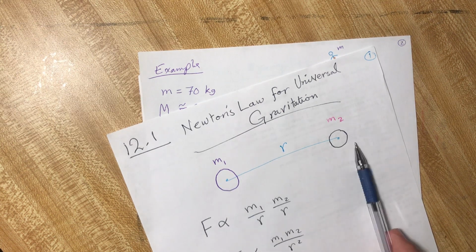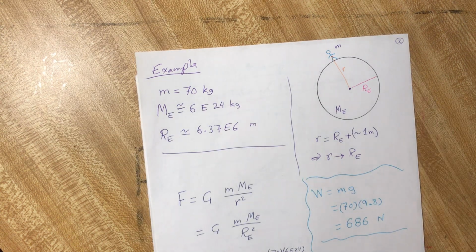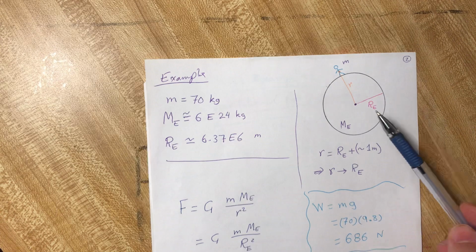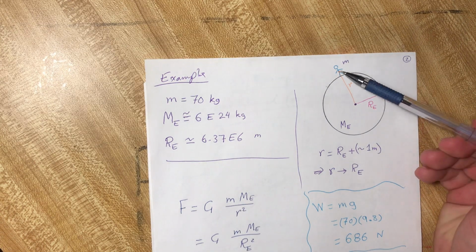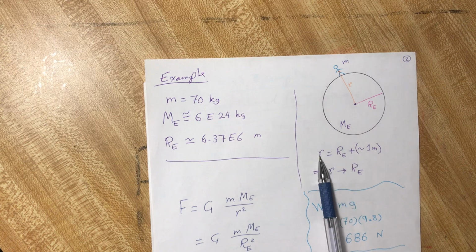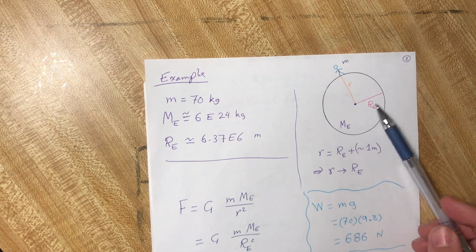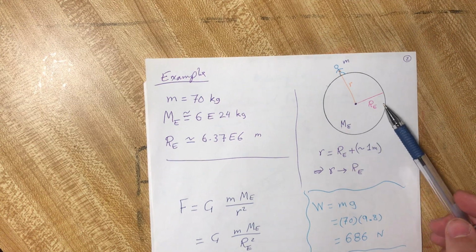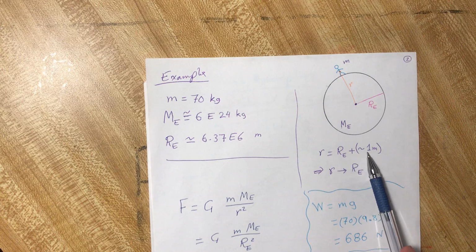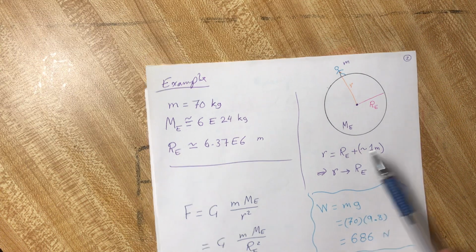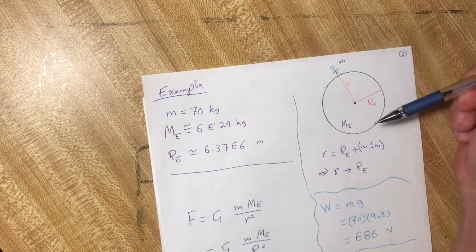We always take these masses as point masses. The distance between the center of the earth and the center of the man is r small, which is equal to r capital, the radius of the earth if we assume it is a uniform sphere, plus approximately 1 meter, the altitude of the center of mass of the man.